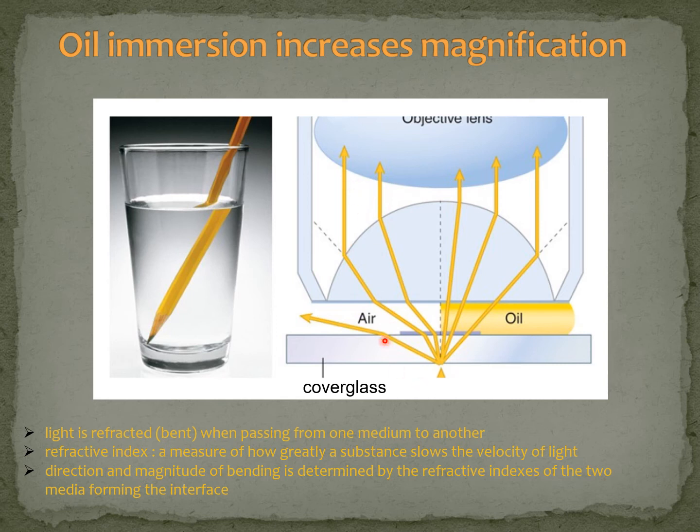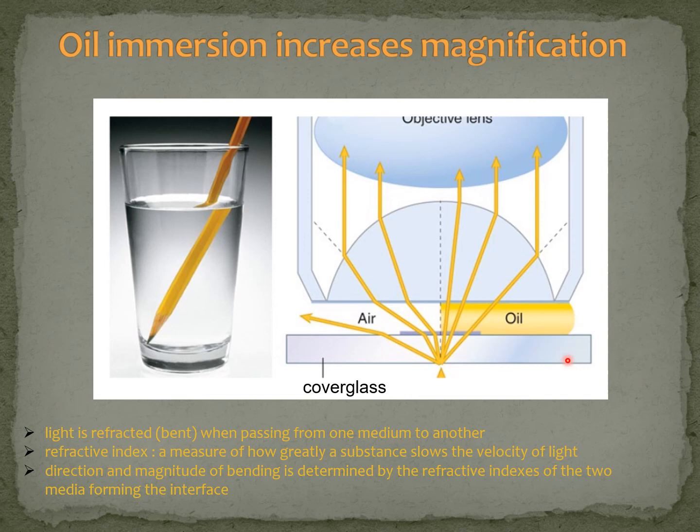So every time light changes medium, this will cause problems in our image. Ideally, we wouldn't have the difference in these media, so light would pass through all these media with the same refractive index, let us say.